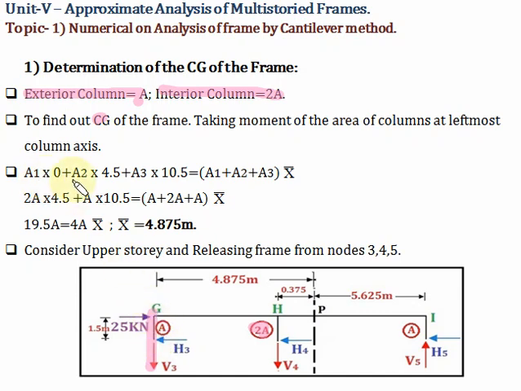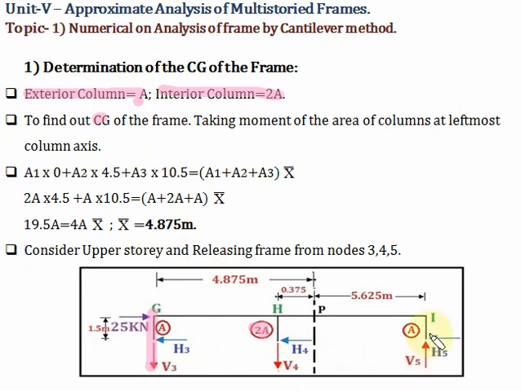Now A1 into 0, as we are taking the moment here, the distance will be equal to 0. Now A2 into 4.5, as the distance to the second column is 4.5.